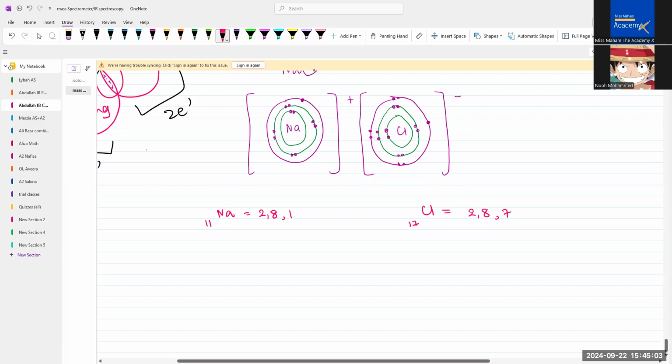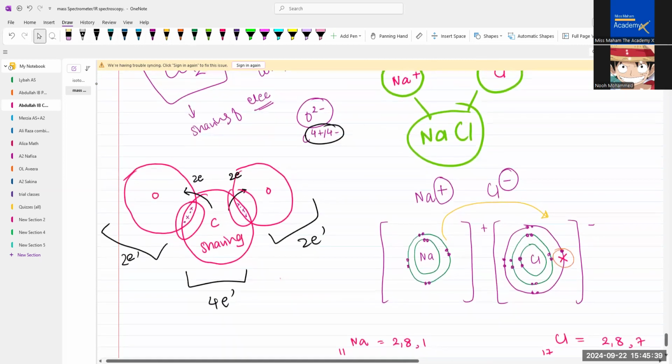So for sodium, it's easier to give up this electron and get 8 electrons in its last shell. And chlorine needs 1 more electron to complete its outermost shell. So what happens during ionic bonding is sodium completely gets rid of this 1 electron and gives it to chlorine. So a total transference of electrons takes place. The electron has gone from here to here. They are not sharing electrons here. Sharing does not happen in ionic compounds. It has totally transferred.